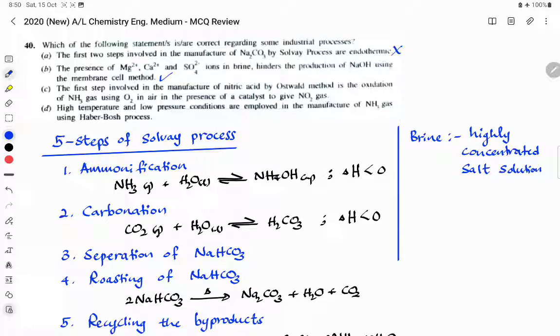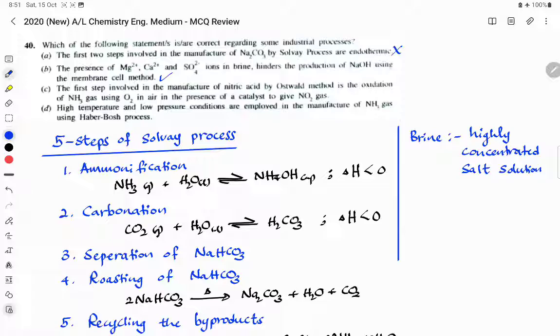So B statement can be taken as a correct statement and also as well as an incorrect statement, because for the membrane cell we must use a pure brine solution and a pure sodium chloride solution. So some can argue that the brine solution we use in the membrane cell doesn't contain these ions, but the definition of a brine solution doesn't help that. Therefore, it is better to take this statement as a correct statement.